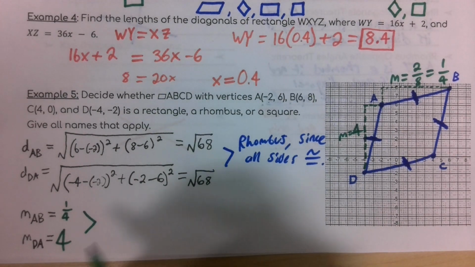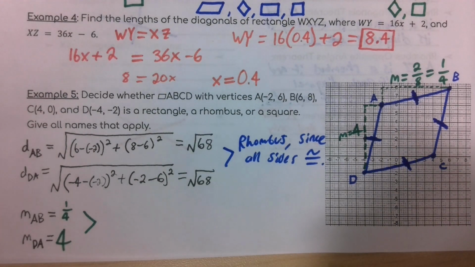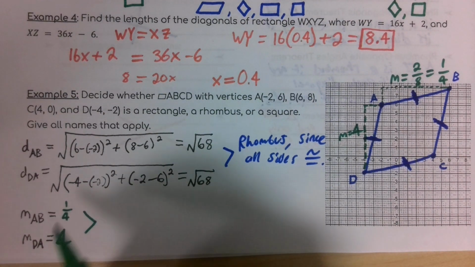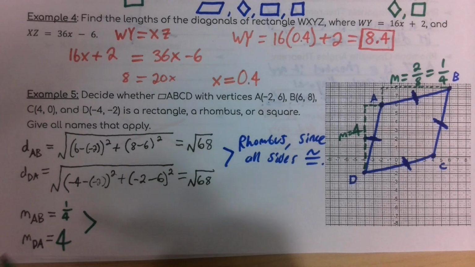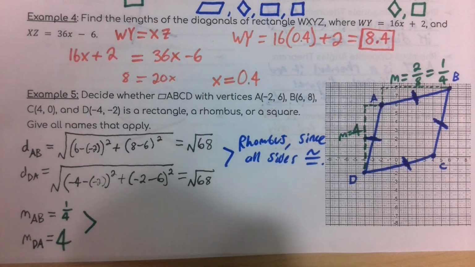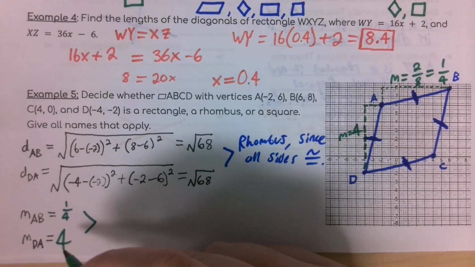The only way two lines make a right angle is if they're opposite reciprocals. And while 1/4 and 4/1 are reciprocals, they're not opposite reciprocals. It would have to be 1/4 and -4, for instance. That would make a right angle.